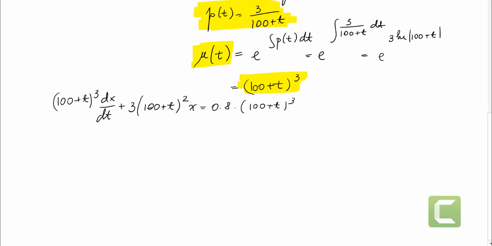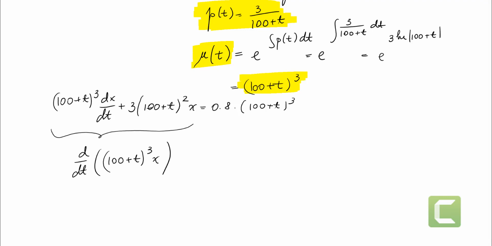So the left hand side is actually d dt of 100 plus t to the third times x. And I always say, just look at the first term, and it's exactly those terms that you see here, except the derivative. The derivative is coming in front, but always double check to make sure.